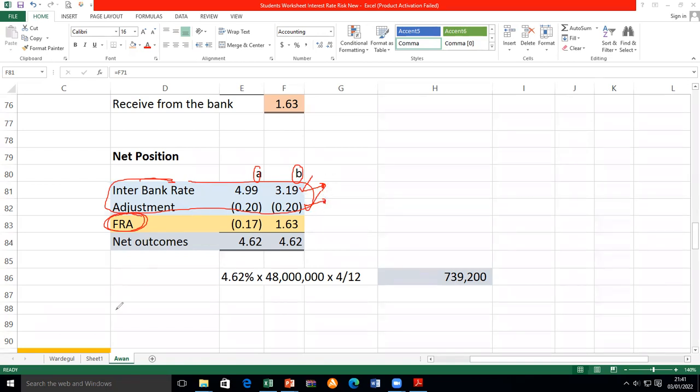Okay, so this is where I'll end. What I'll do is share this worksheet. You'll find it here, so that you can go through this again at your own pace and see how you have built that one.